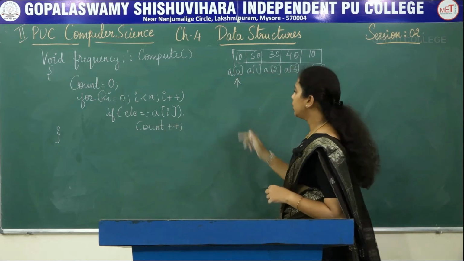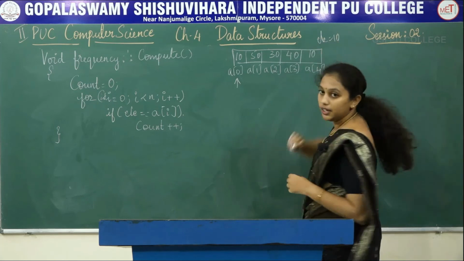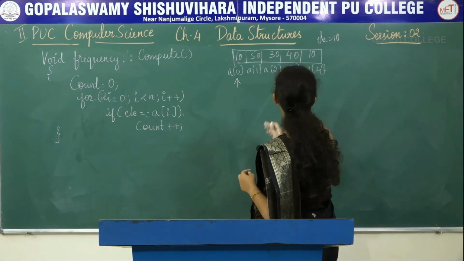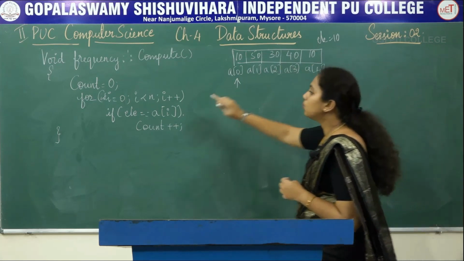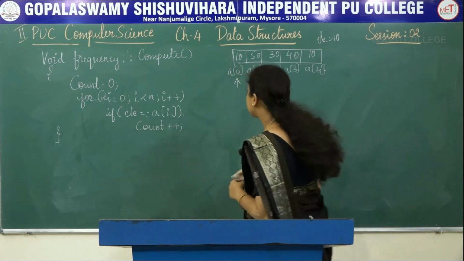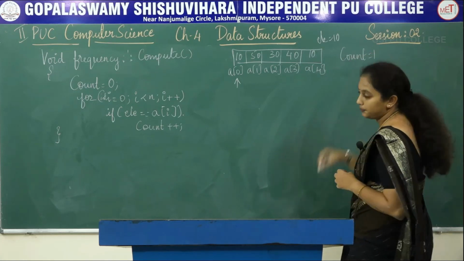So element is equal to a[0]. Our search element is 10. So 10 is equal to 10, hence count gets incremented and the value of count becomes 1.